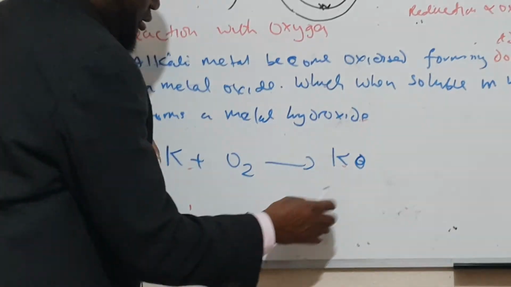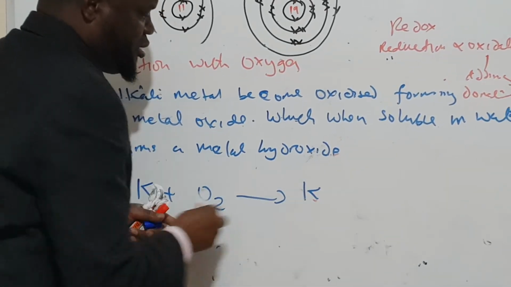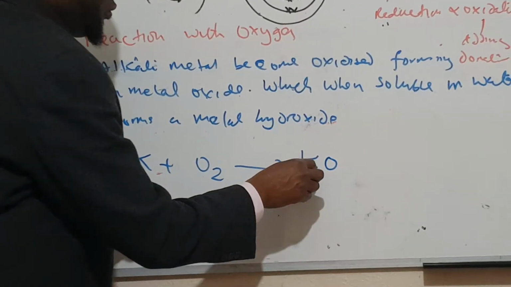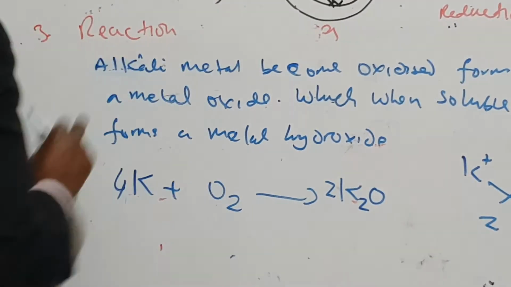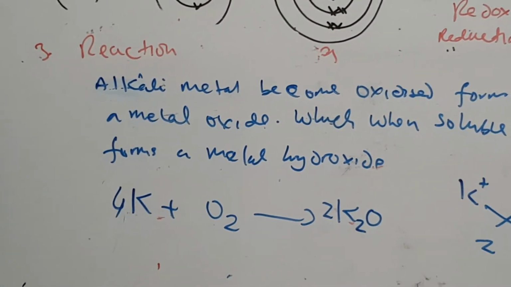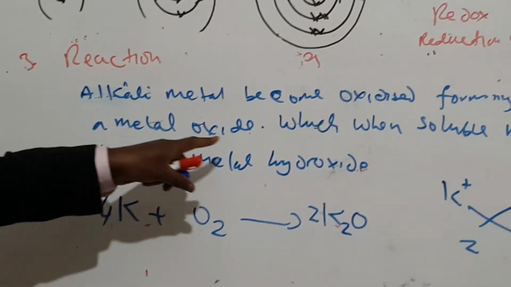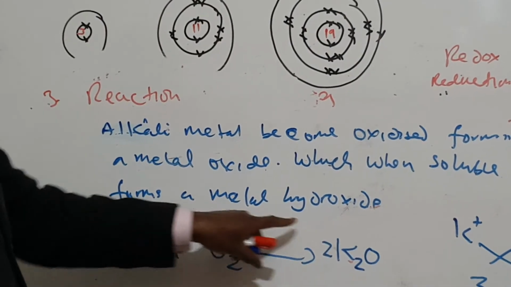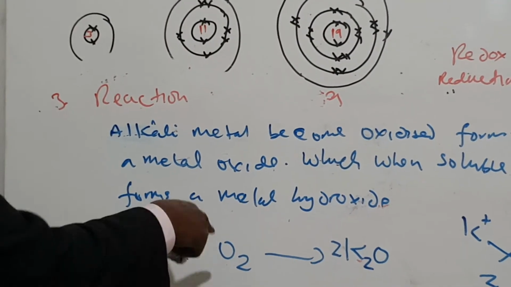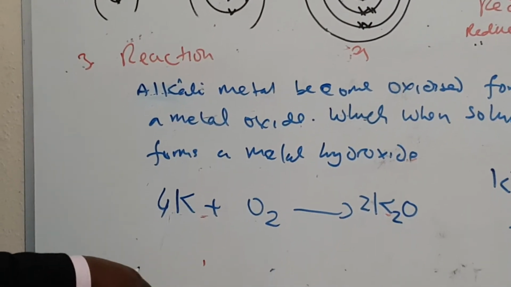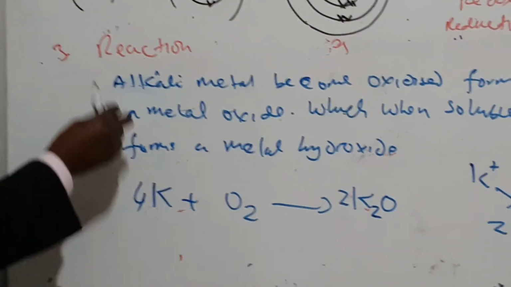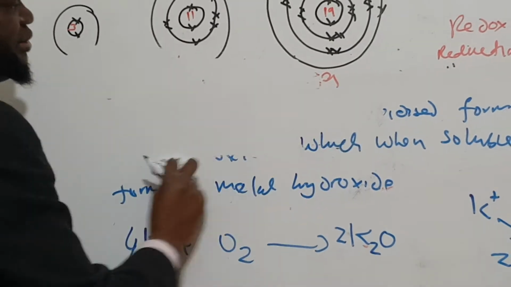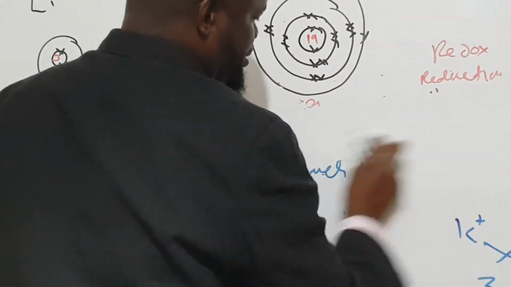So you look at it: alkali metal becomes oxidized, forming a metal oxide, which when soluble in water, forms a metal hydroxide. If the metal hydroxide is soluble in water, then it's called a base.